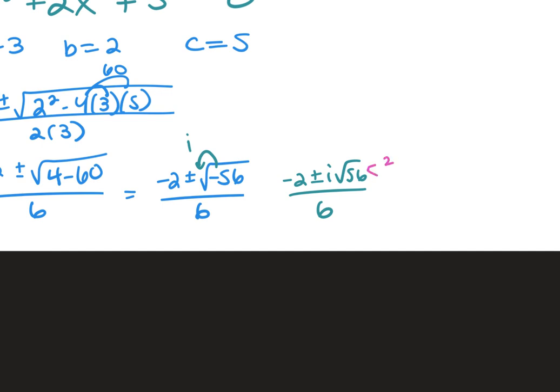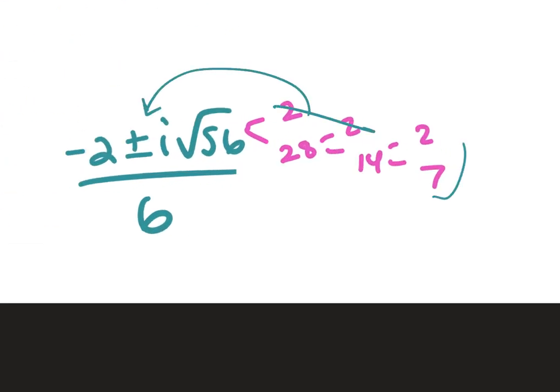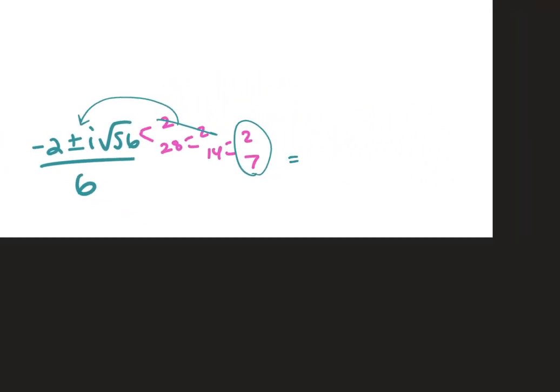So this would be 2 and 28, 2 and 14, 2 and 7. And there's 2 2's, so one's going to go to the outside. And the 2 and the 7 get multiplied out underneath. So I get negative 2 plus and minus 2i root 14 over 6.